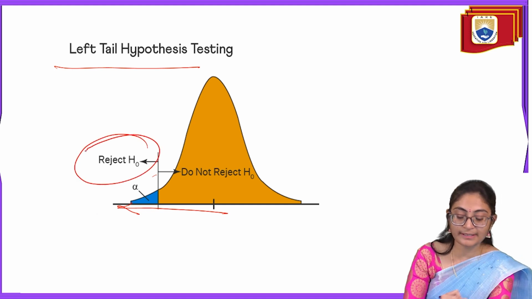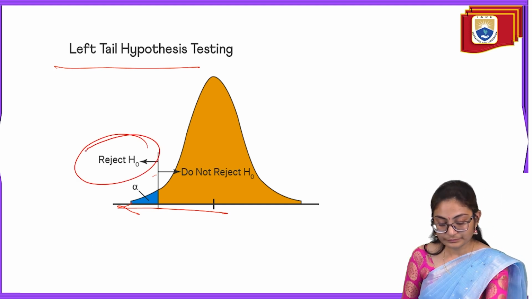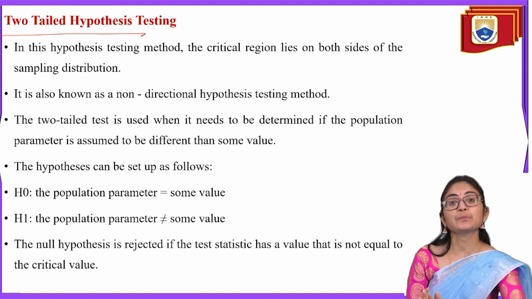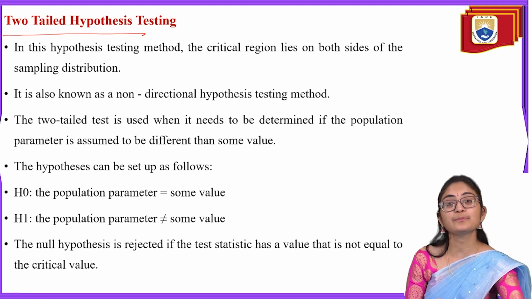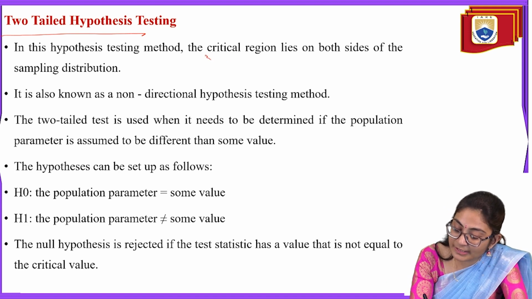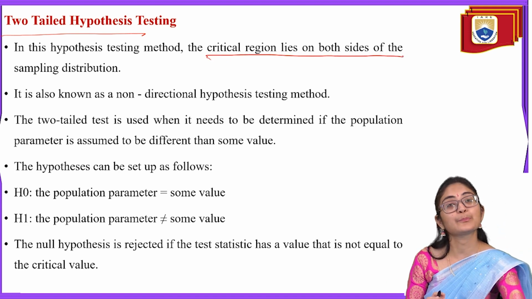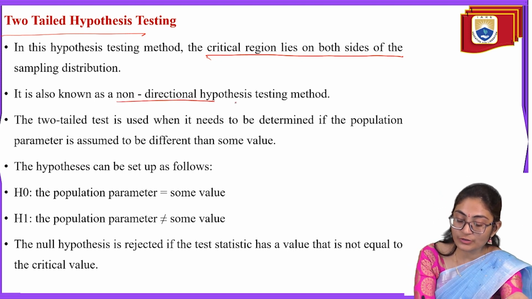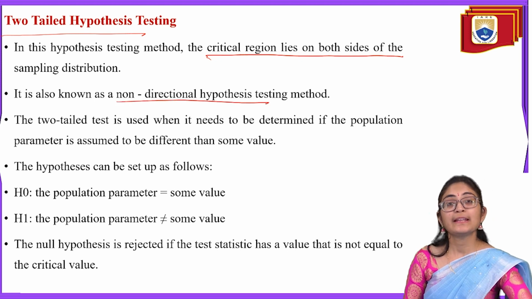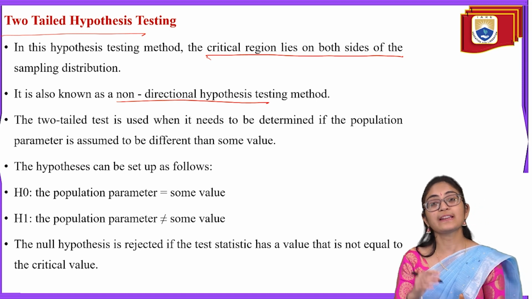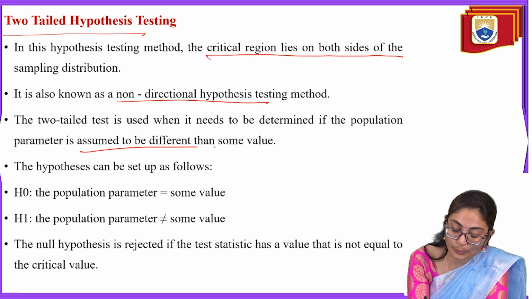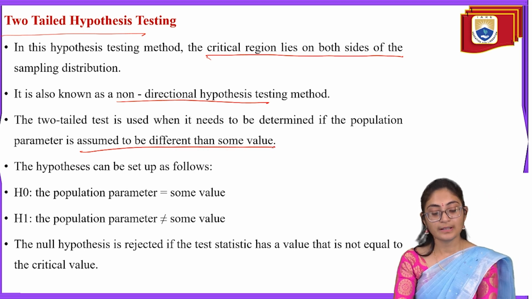You are rejecting H0. Now, two-tailed hypothesis testing. In this hypothesis testing method, the critical region lies on both sides of the sampling distribution, and that is known as the non-directional hypothesis testing method. The two-tailed test is used when it needs to be determined if the population parameter is assumed to be different from some value.